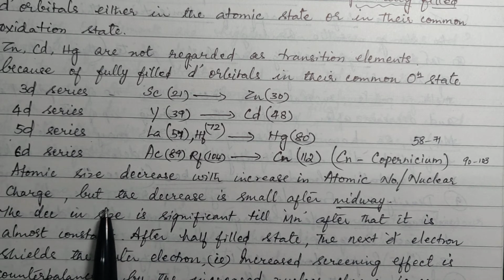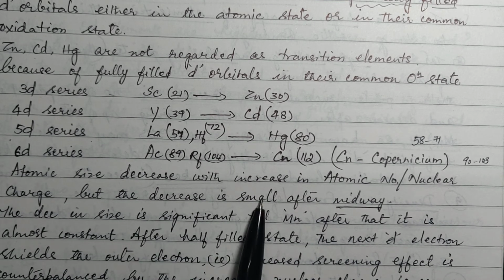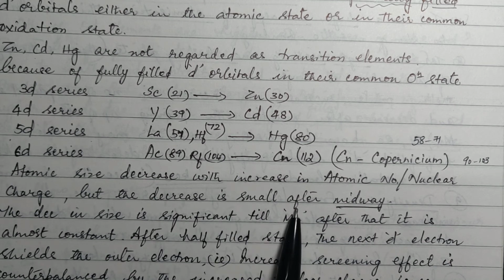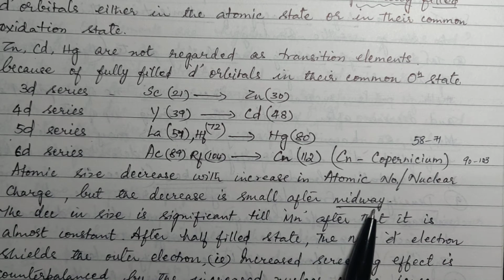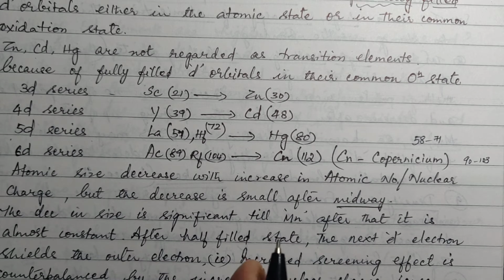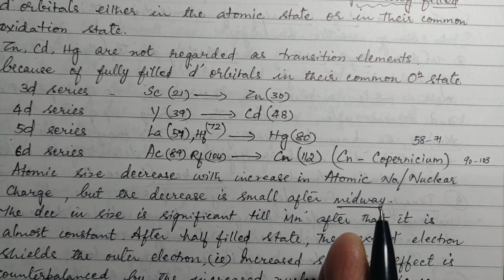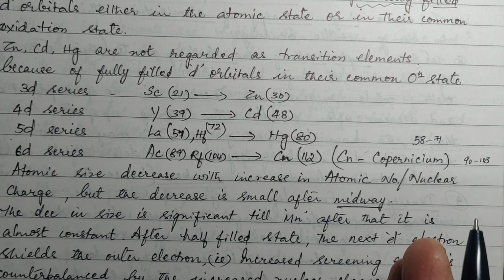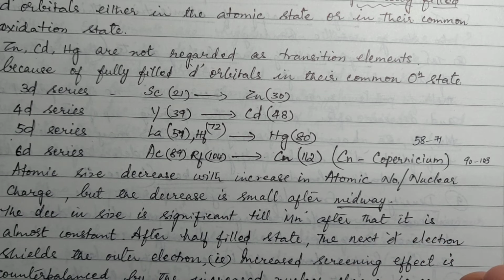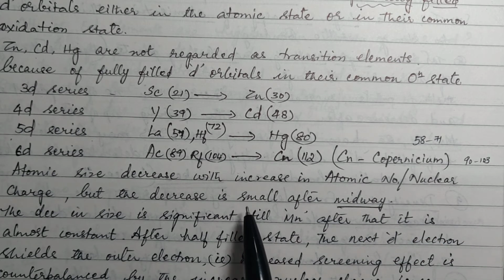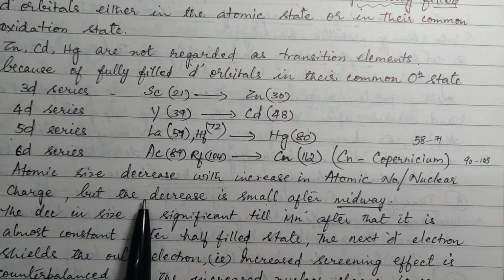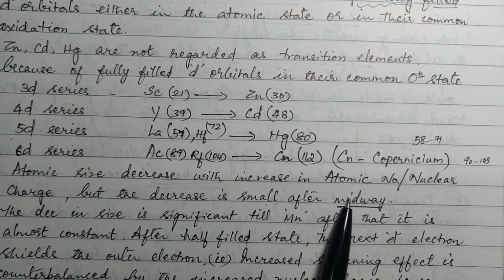But the decrease in atomic size is small after midway. After midway, what does it mean? That is, say after chromium, manganese and iron, you will find that the decrease in size is smaller. Initially it may be a little significant, but later on it will be smaller.